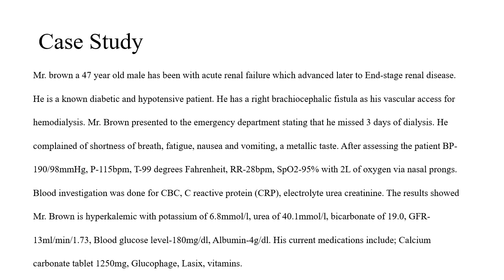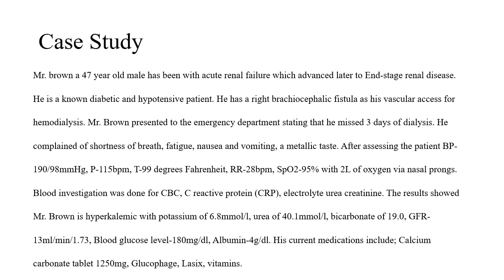Mr. Brown presented to the emergency department stating that he missed 3 days of dialysis. He complained of shortness of breath, fatigue, nausea, and vomiting, and a metallic taste.